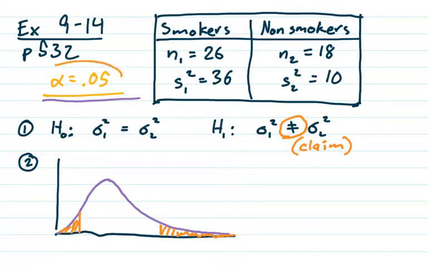We're using alpha equals 0.05, and since it is a two-tailed test, that means the area underneath the right tail and also the left tail, they're equal, are 2.5%. And we're going to be using the critical value that's on the right side, so we're looking for this particular F subscript alpha over 2. That's our critical value.